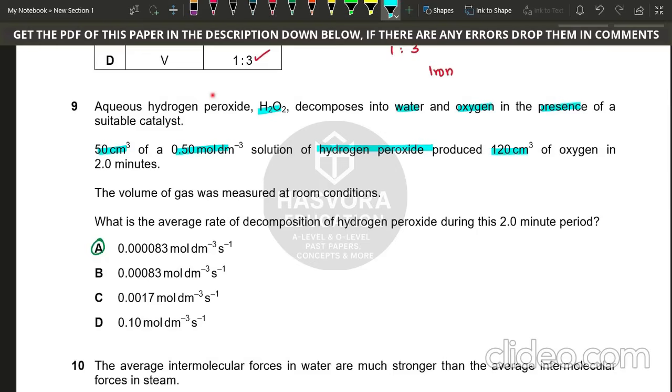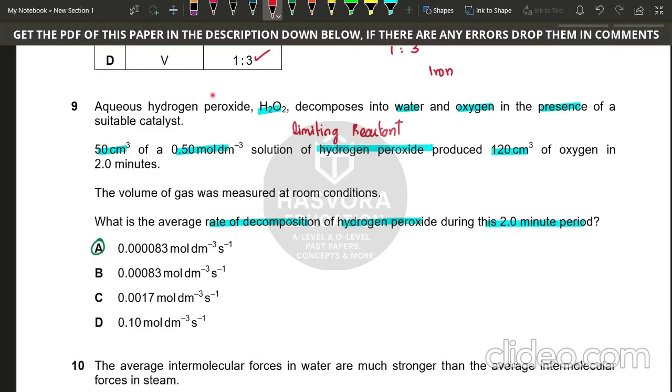The volume of gas was measured at room conditions. What is the average rate of decomposition of hydrogen peroxide during this 2-minute time period? What we have to do is, first of all, you should know that the rate of reaction is always measured according to the limiting reactant.